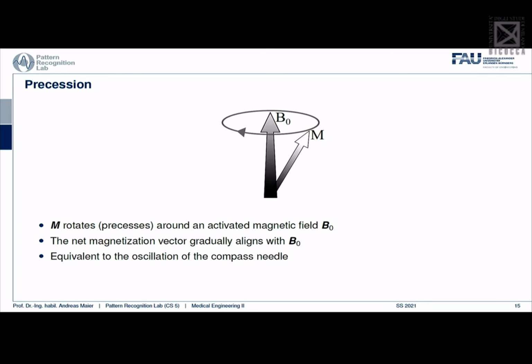So we have the net magnetization, which starts to behave like our compass, and it is rotating or moving along the direction of the big magnetic field B0, and gradually it aligns that way. This is the equivalent of the compass needle.